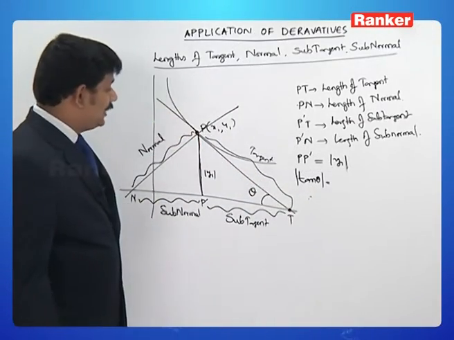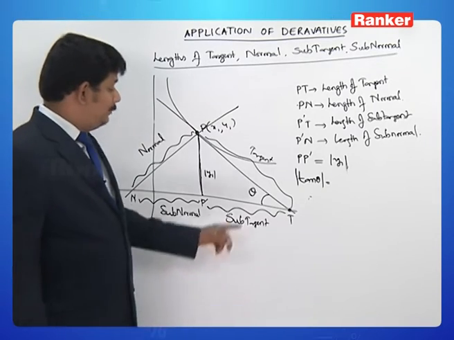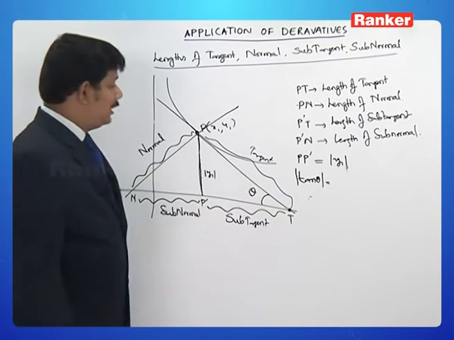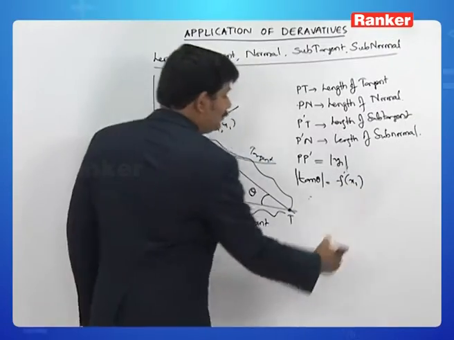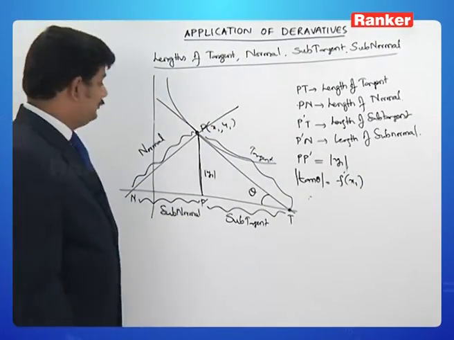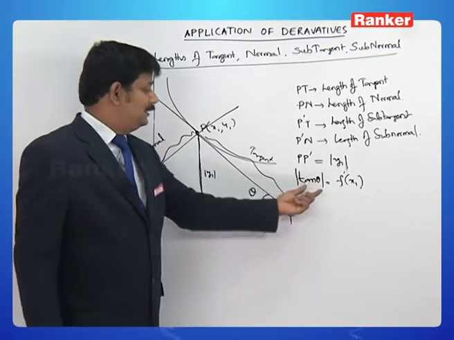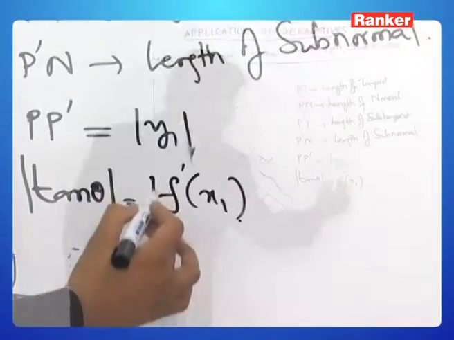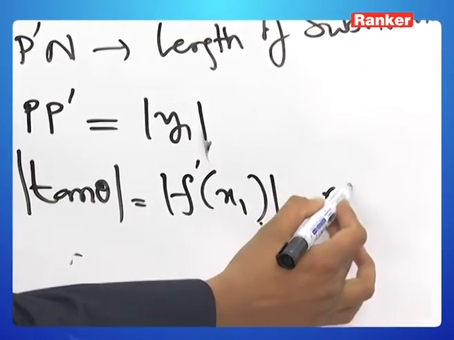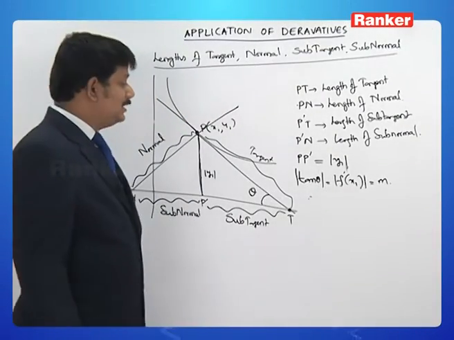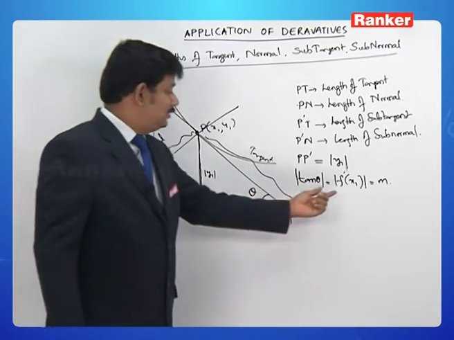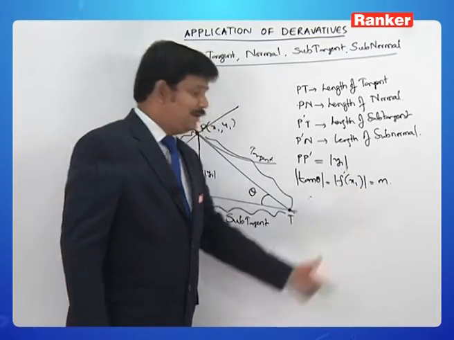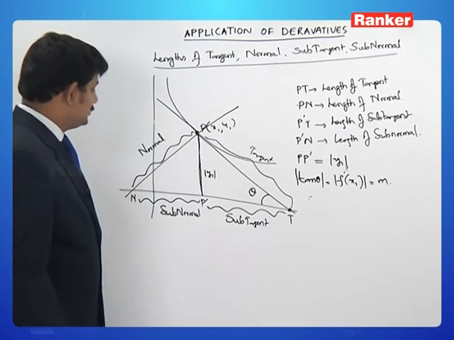So modulus of tan theta we can get from the slope of the tangent, and slope of the tangent is f dash of x1. So modulus of tan theta is equal to modulus of f dash of x1. For easy reference, let us call this term m, slope of the tangent.